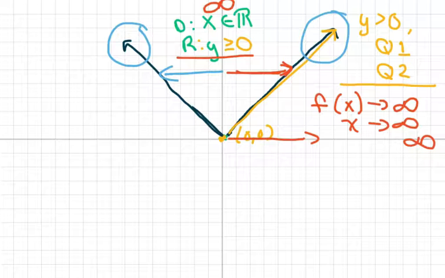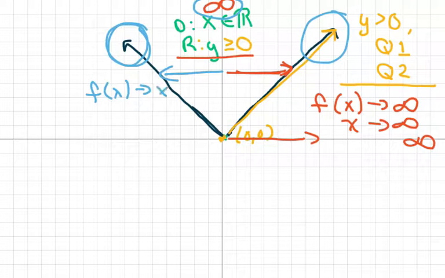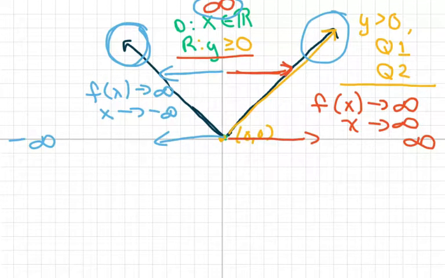On this side, y keeps going to infinity as x goes to negative infinity. Remember, that just means as x gets larger and larger negative values.